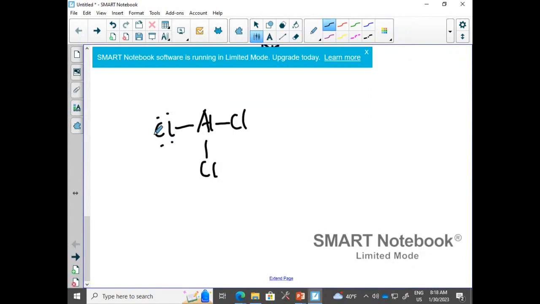If you look at the full Lewis structure, how many valence electrons does aluminum have around it? How many valence electrons does it have access to? Louder, please. 6, okay?